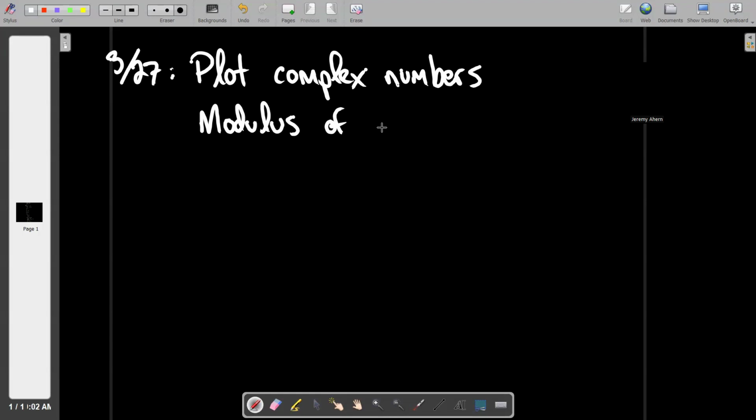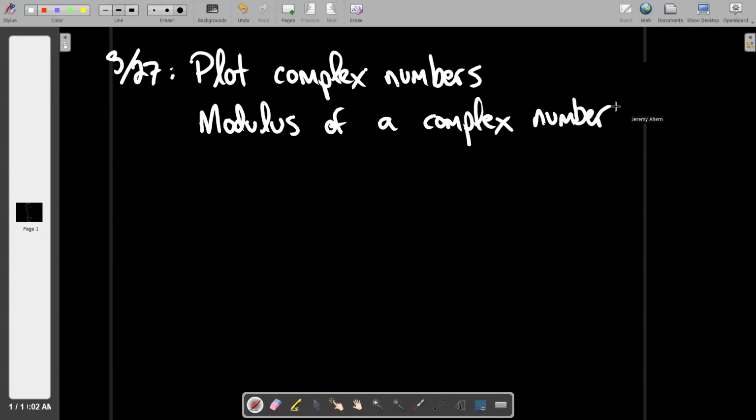The plural of modulus is moduli, so technically I should be saying we're going to find the moduli, but you're not allowed to say moduluses. It's like saying vertexes. So to keep the grammar on point, I'm going to say modulus of a complex number. I can't pluralize complex numbers, or then it doesn't really work. So there you go. That's the goal for the day.